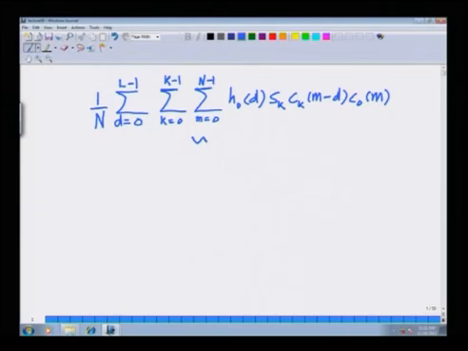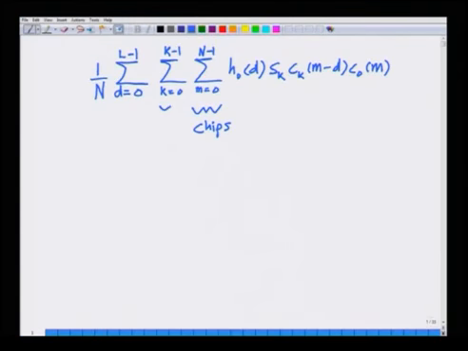This is the summation over the number of chips, this is the summation over the number of users, and this is the summation over the number of paths, that is 0 to L minus 1.